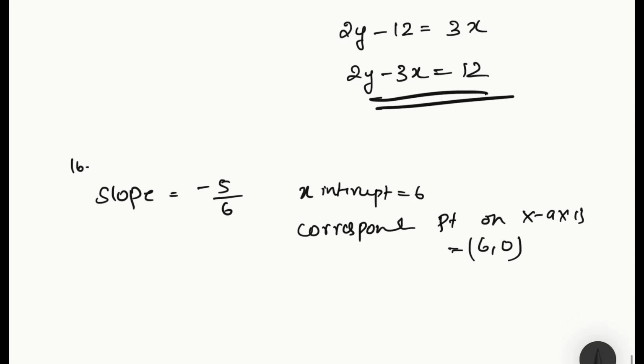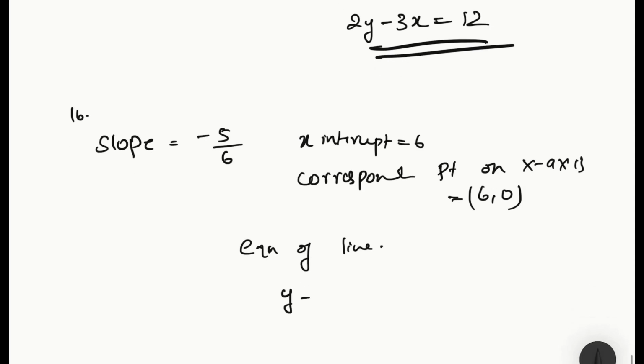And slope is given to us. So what will be the equation of the line here? Equation of line is y minus 0 equal to m into x minus 6, same formula, y minus y1 is equal to m into x minus x1. So minus 5 by 6 into x minus 6.